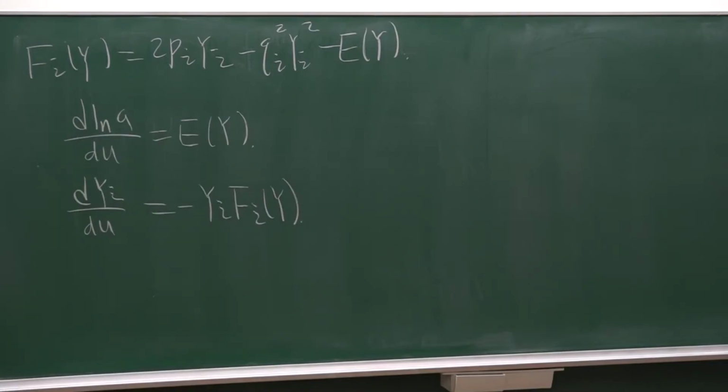So because of these changes of variables, your tau variable becomes a u variable. When u goes to infinity, corresponding to tau going to infinity, you are looking for this.